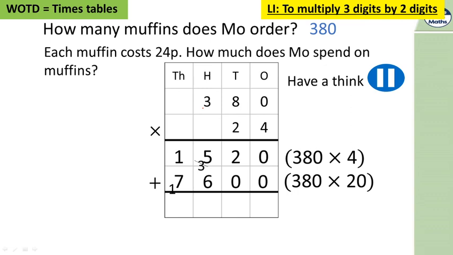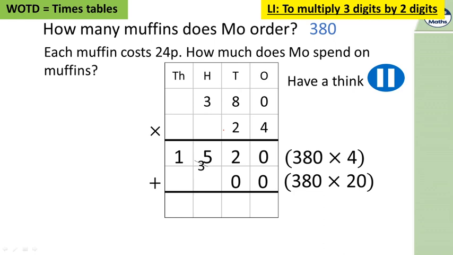I'm just going to go through that one again using correct place value columns if you want to think of it a different way. So I'm going to put my placeholder in, then I've got 20 times 0, which is 0. Anything times 0, 0.